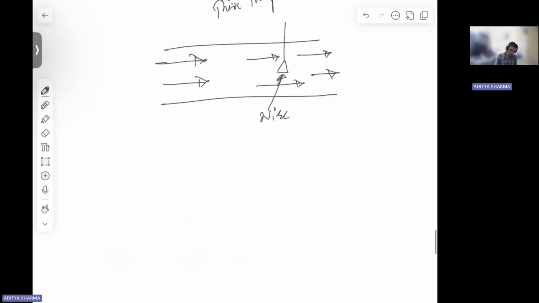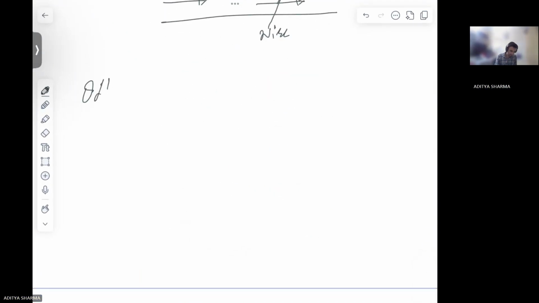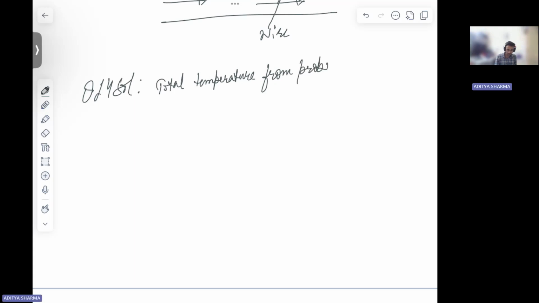So question number 14. Total temperature from the probe is equal to 570 Kelvin. Now the recovery factor is 0.95, right?